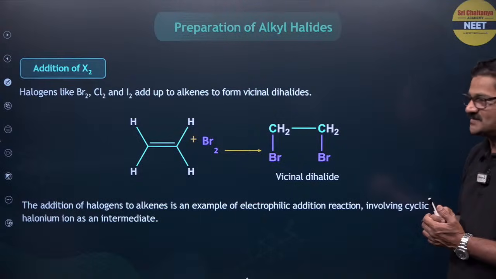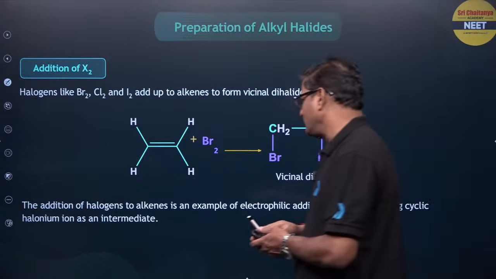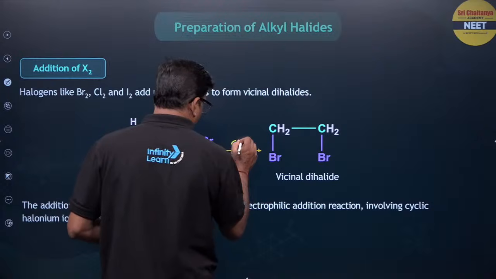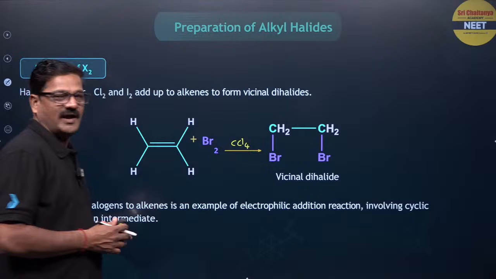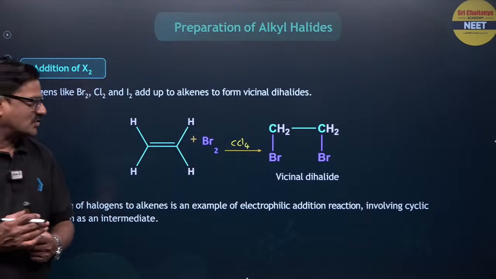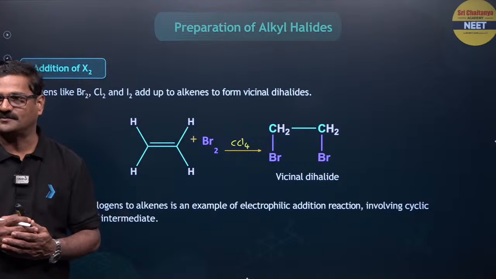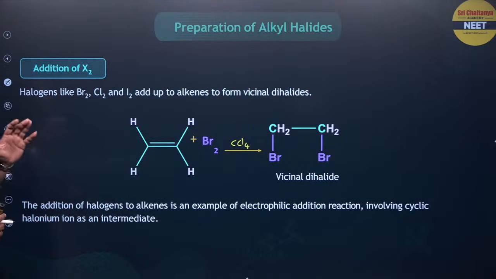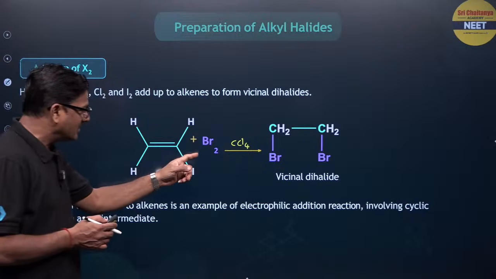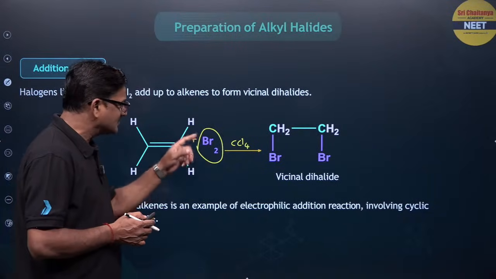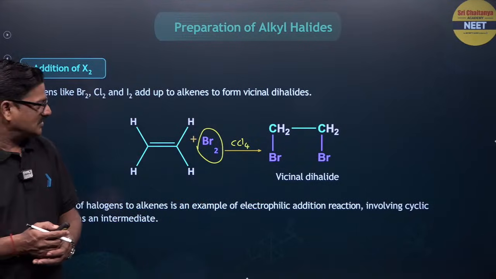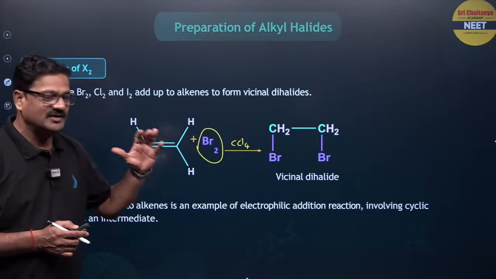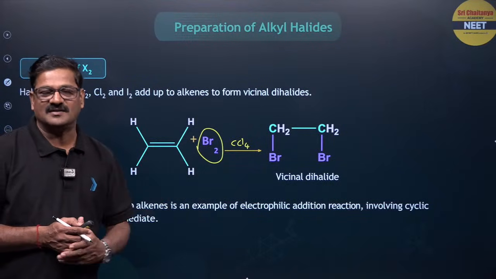Addition of X2. When an alkene reacts with Br2 in the presence of CCl4, a non-polar solvent, bromine is added at the 1,2 positions. This is called a vicinal dibromide, and this is an electrophilic addition reaction. During this reaction, the red color of bromine disappears and is decolorized, so this reaction can be used as a test for unsaturation.